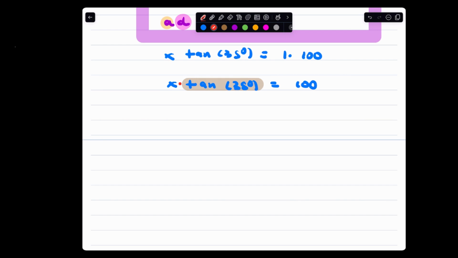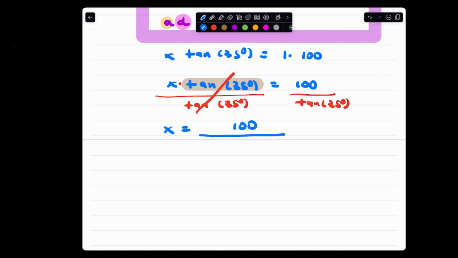Do you guys know? How do you do that? You divide both sides by the number. Outstanding. Good. This is tangent of 35, and what's this? Tangent of 35. So you're going to cancel. And ladies and gentlemen, you get x equals 100 divided by tangent of 35 degrees. All righty. There you go.